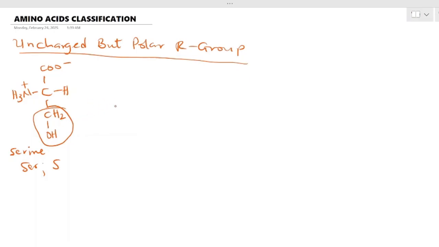Next we look at threonine. We have COO minus, C, NH3 plus. Then for threonine we have C with OH attached here, and H attached here, and a methyl group attached right here.